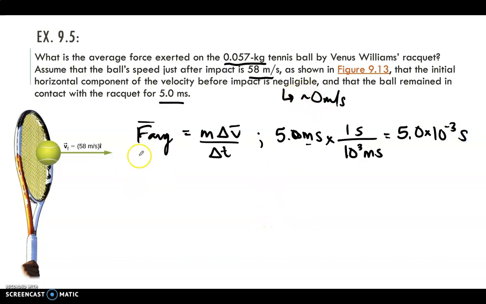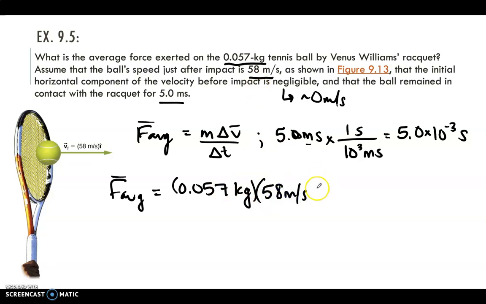Okay, so our average force is going to be equal to our mass, 0.057 kilograms, times our final velocity, which is 58 meters per second, minus our initial velocity, which is 0. And this is in I hat. It is already defined in this picture.